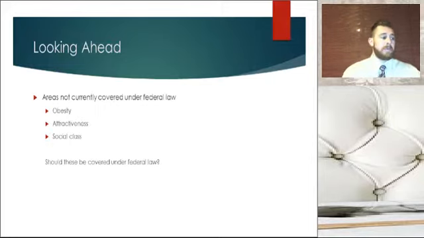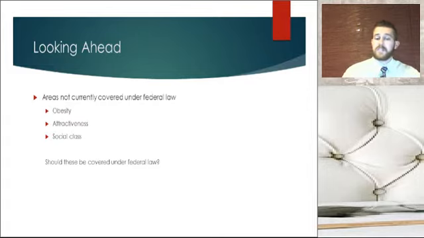Now, when we talk about areas that are not currently covered by federal law, in the future, we have obesity, which is one that could be covered, attractiveness, and social class. I know a lot of times, depending on your social class, that could be added into employment discrimination if an employer is discriminating against an applicant or employee because of their social class.